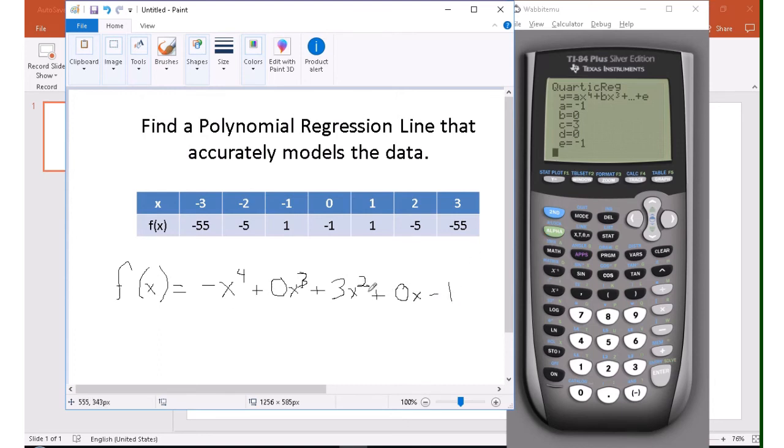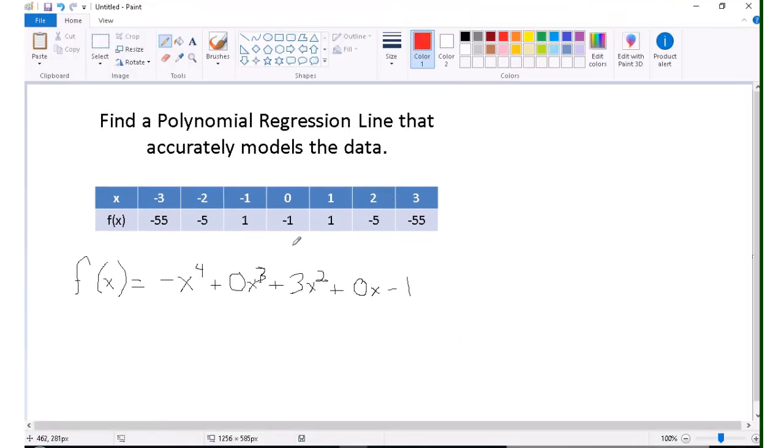Now, of course, I don't really need these zeros here, so I can just take these out, and I'm going to rewrite my function like this. f of x is equal to negative x to the fourth plus 3x squared minus 1.